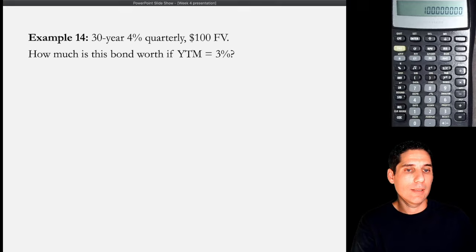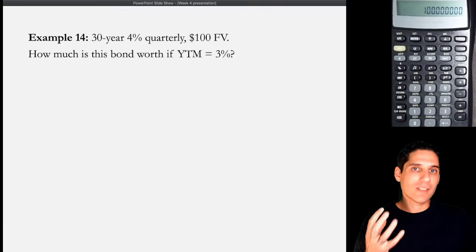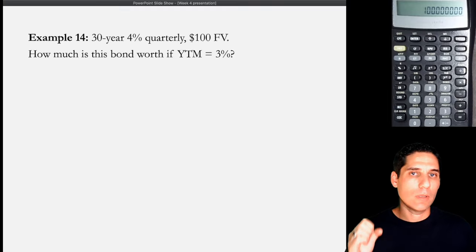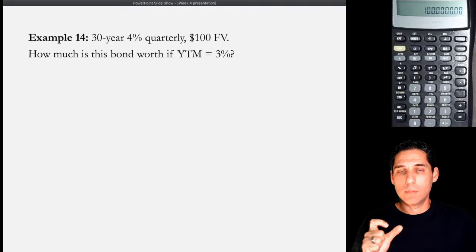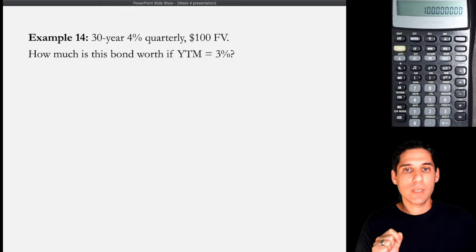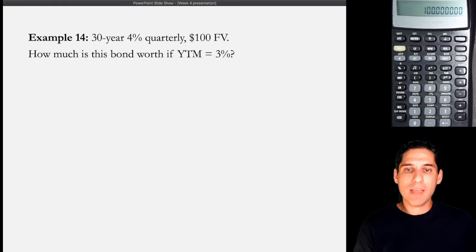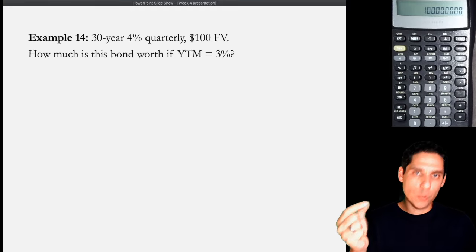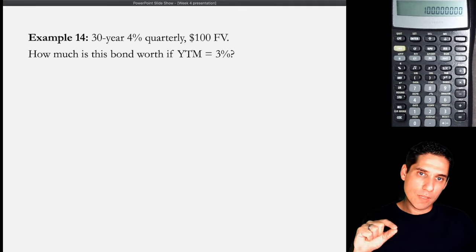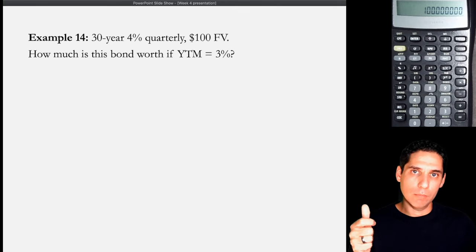In what way? So that's important. If the yield drops, what does that do to the price of the bond? Remember, I had already mentioned this inverse relationship between yields and prices. So we should hope to see, and this is a good way to check whether you are doing the math correctly, a yield that's lower than the coupon rate should give us a higher price than face value, which we call a premium.